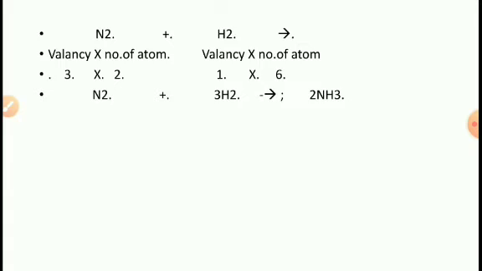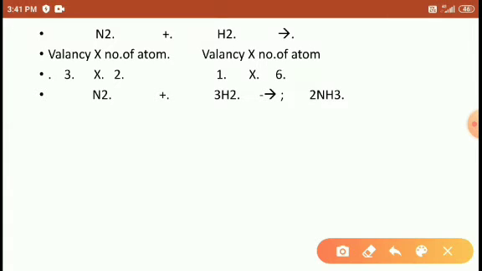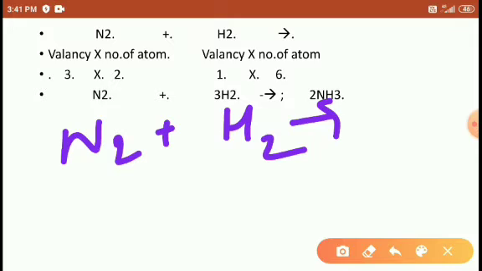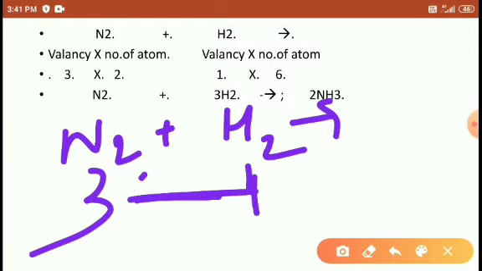So next is nitrogen and hydrogen, students. This reaction is also similar to the previous reaction. The nitrogen reacts with the hydrogen. Right. Nitrogen valency 3, hydrogen valency 1. So the valency is unequal, so we have to make it equal.